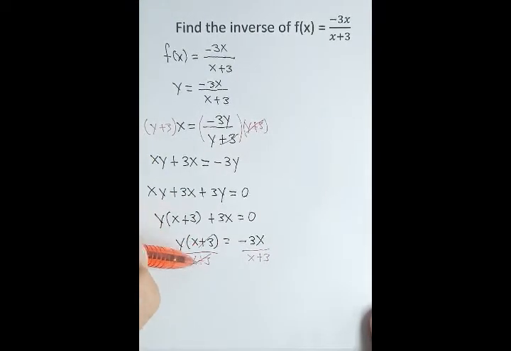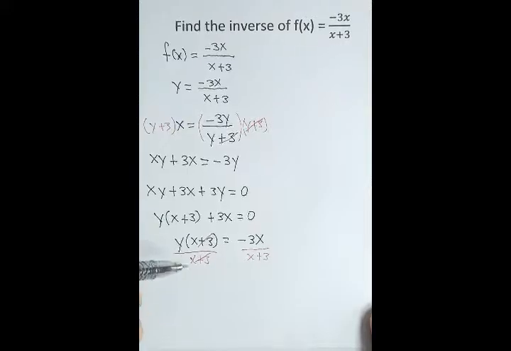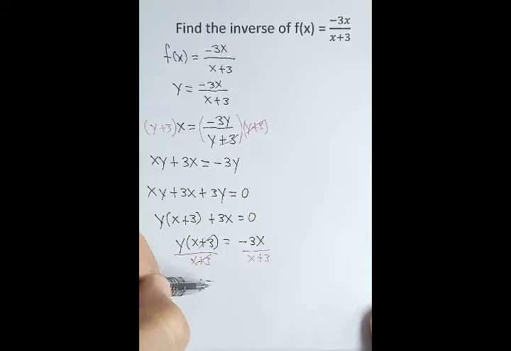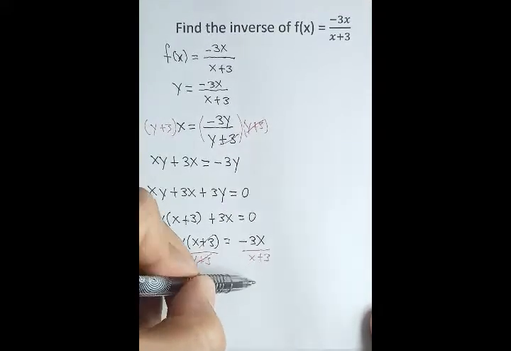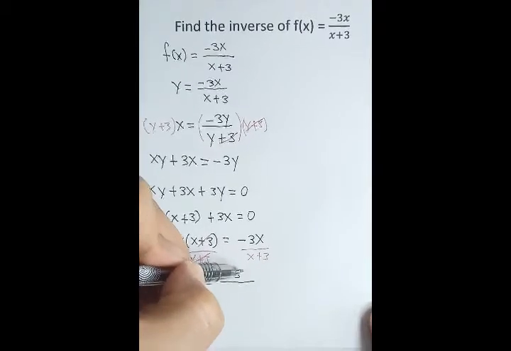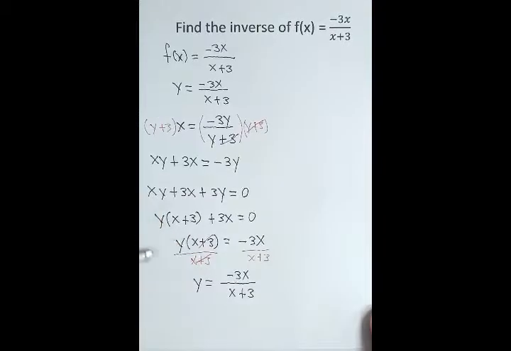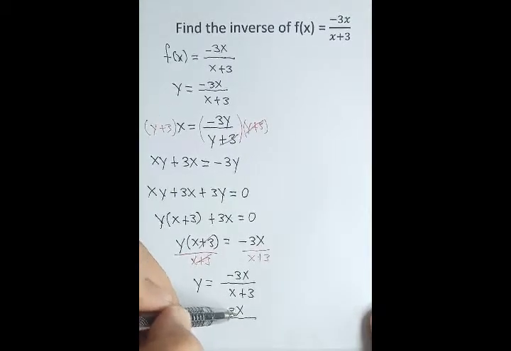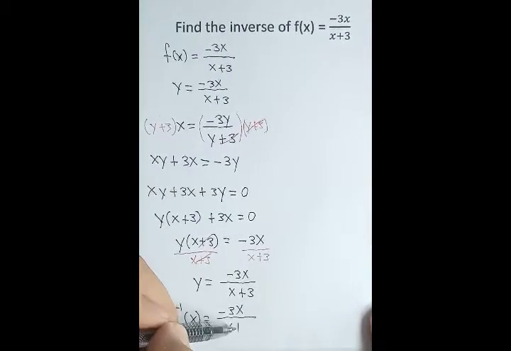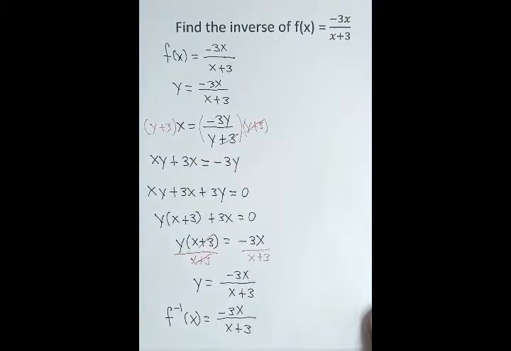So cancel ang x plus 3. So y is equal to negative 3x over x plus 3. So atong inverse function is equal to negative 3x over x plus 3.